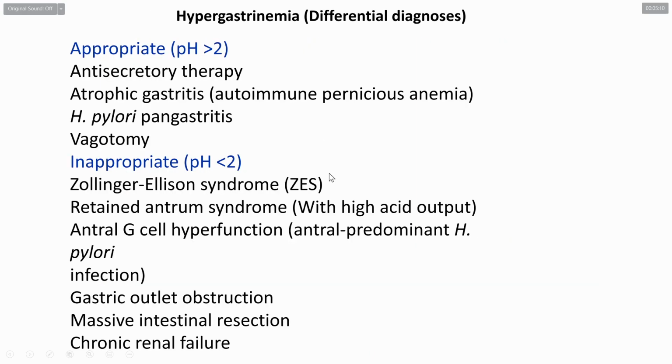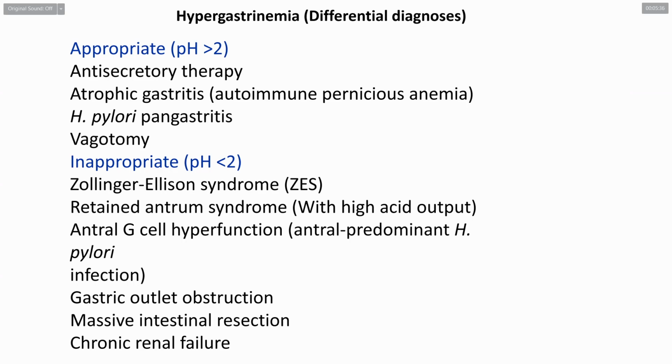Okay, hypergastrinemia, because we need to come to this. Now, there are two types of hypergastrinemia. If you are secreting excessive gastrin spontaneously due to a tumor, you will have hyperacidity. Yes?